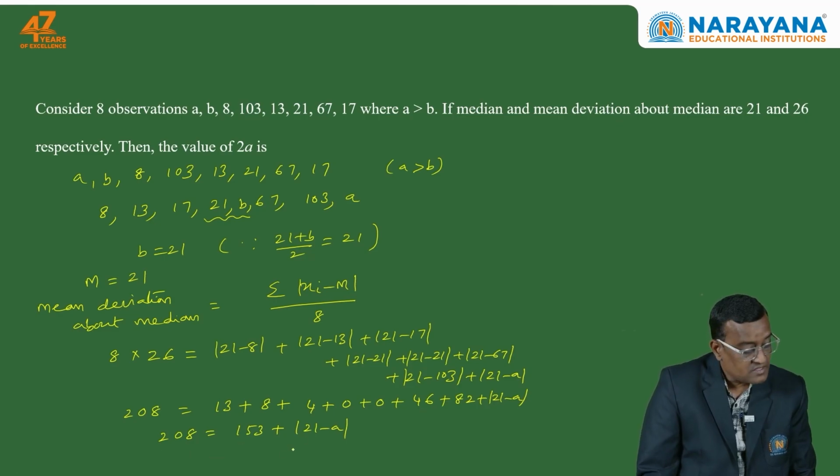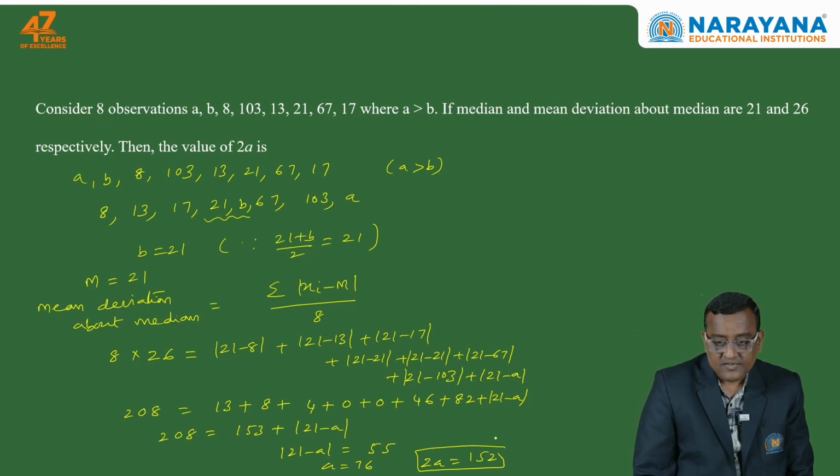From that, we get modulus of 21 minus A is 208 minus 153, that is 55. So A is 76, the positive value of A. And we want 2A, that is 2 into 76, that is 152.